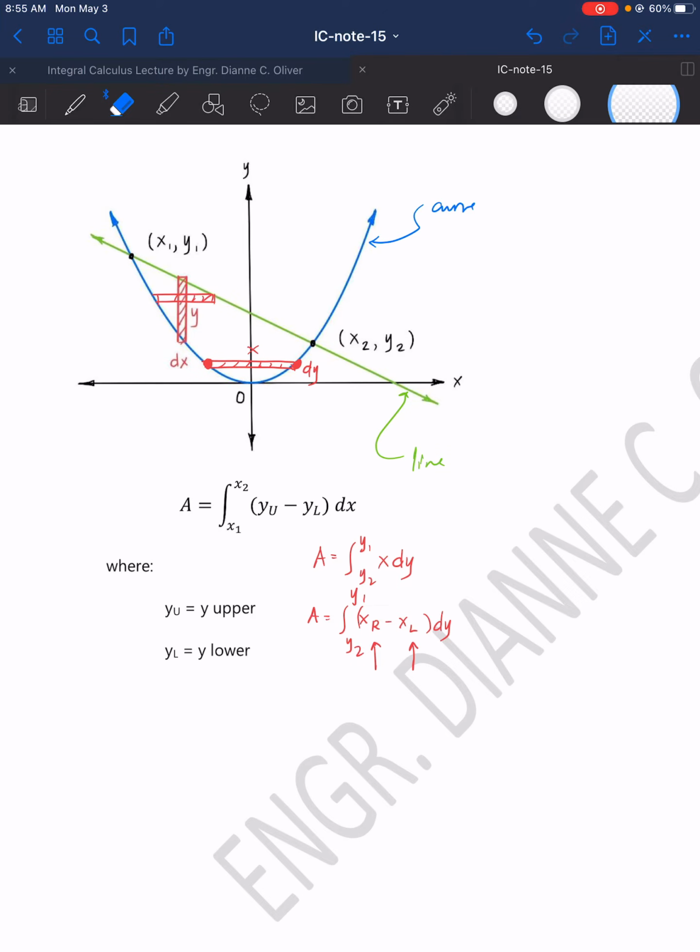What we learned here is that the area strip should touch boundaries once only. It should not touch any boundary twice, because the resulting area will become 0. Okay?